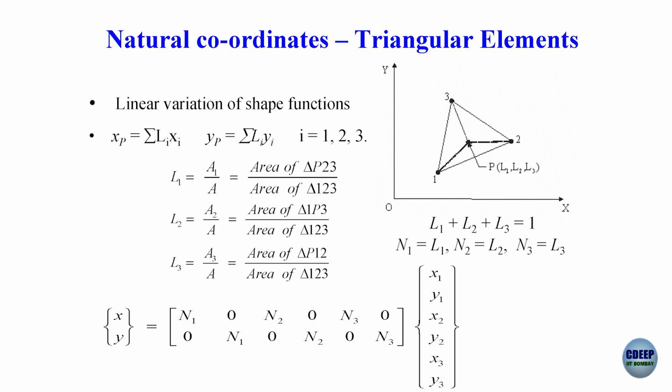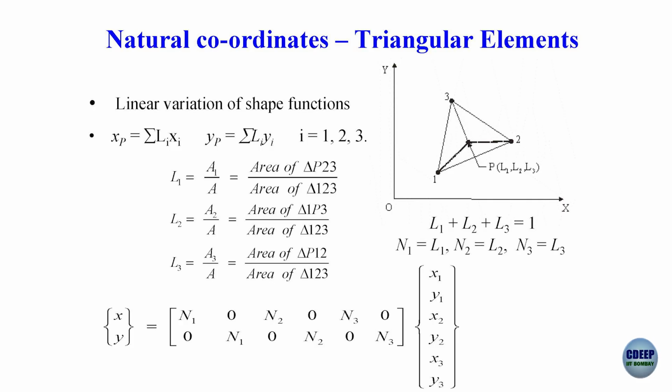The way in which it is defined is L1, L2, L3, you please see, imagine that the point P is joined with the 3 vertices 1, 2 and 3, and look at the areas. L1 would be the area of the triangle P23, opposite to that vertex, that small triangle P23 area divided by the overall area. So, why do I define it like that?